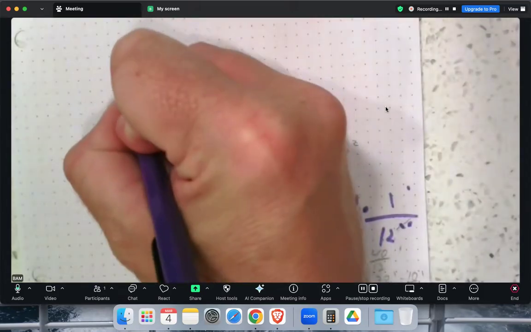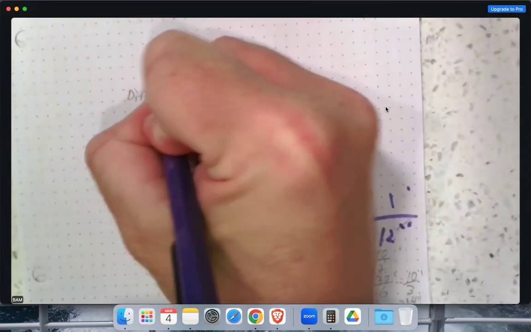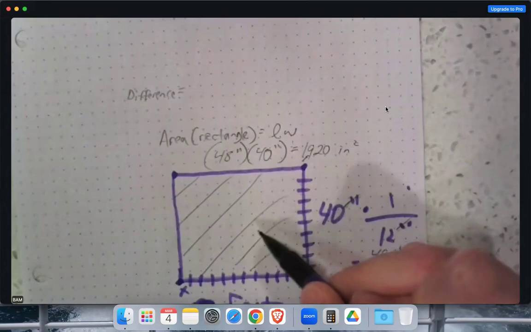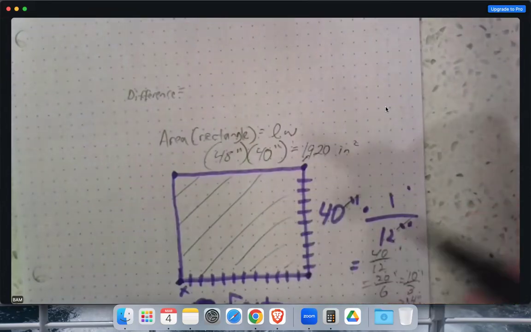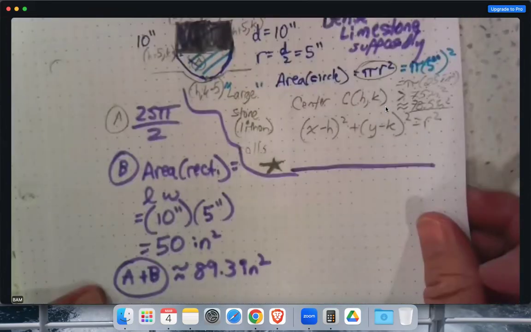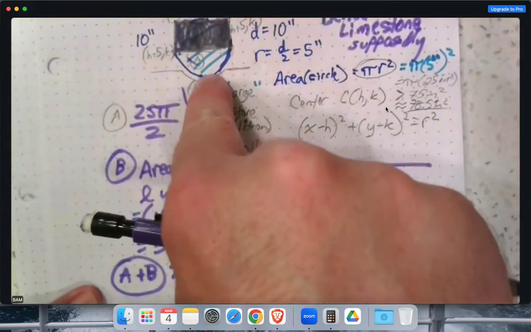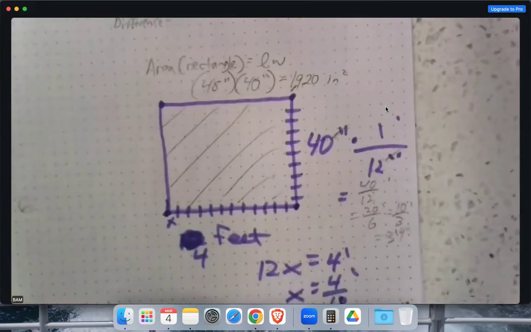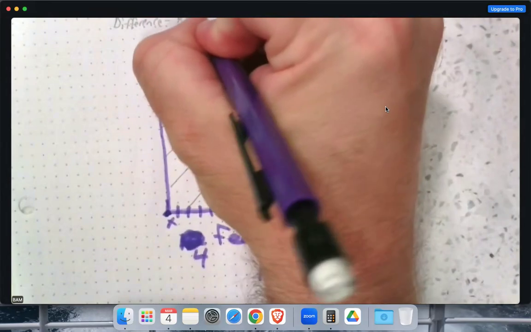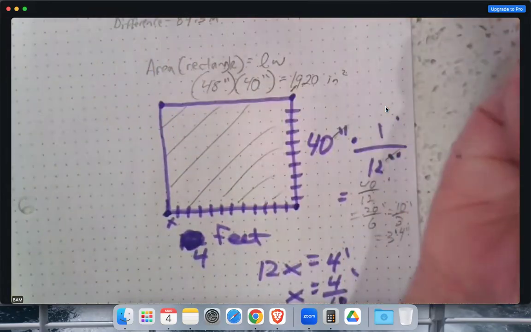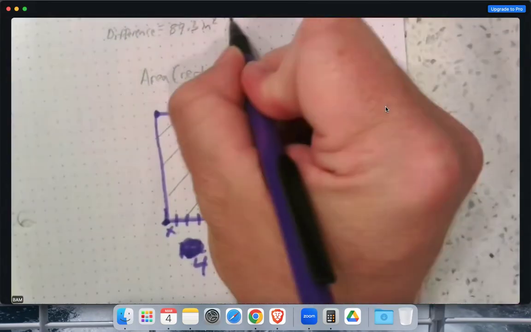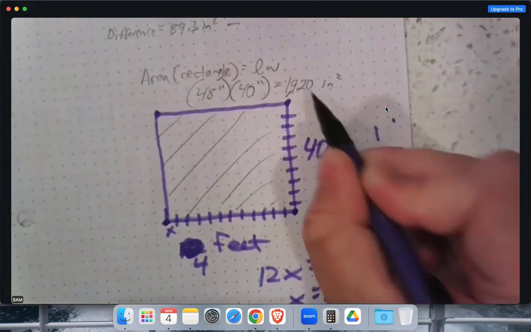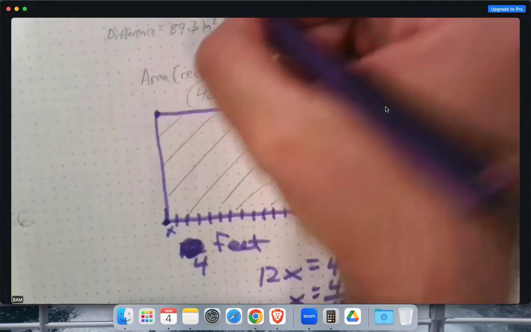So the difference is the area of the stone. So let's use this complicated one, 89.3 square inches minus the area of the opening.